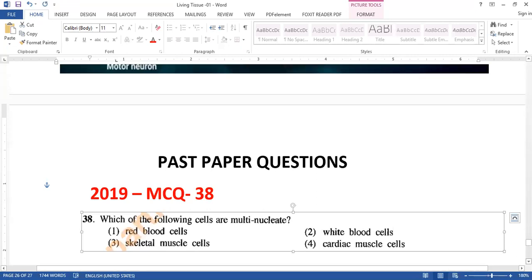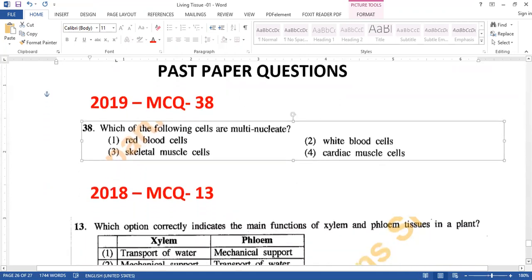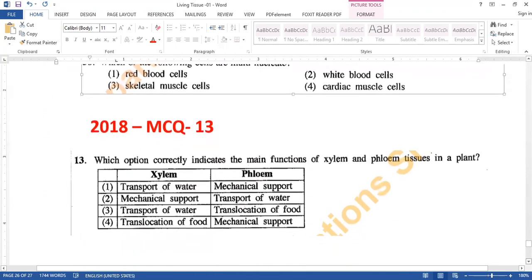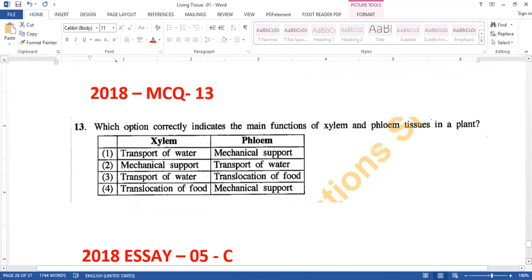Next one, 2018 MCQ number 30. If you look at the past papers, very easy questions could come from biology. But why are you people making mistakes when you are doing the examination?